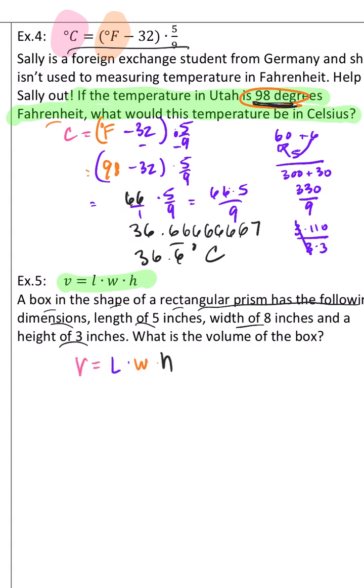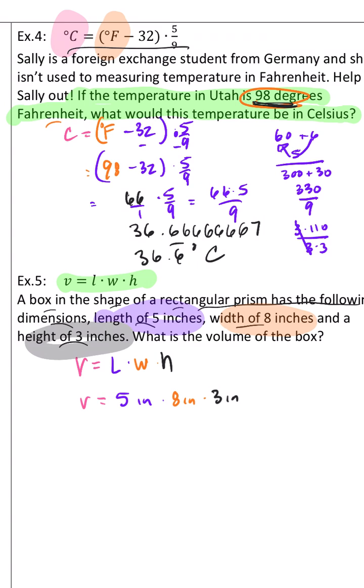So if we look, they're giving us the length. Where did they find length? We got length here. It says the length of 5 inches. It says that we have width. Width is 8 inches. And the height is 3 inches. And then we're just going to plug those values in. We're going to take 5 inches times 8 inches times 3 inches. So I'm going to rewrite that.